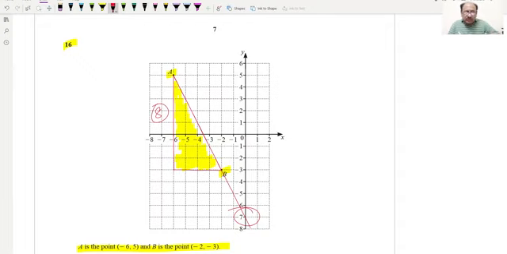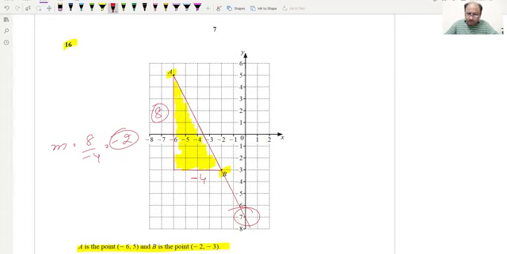So this is basically 8 units down, and we can take minus 4 units. So the gradient m value will be 8 by minus 4, which is equal to minus 2. So the gradient will be minus 2.